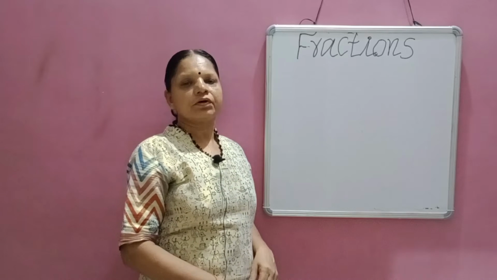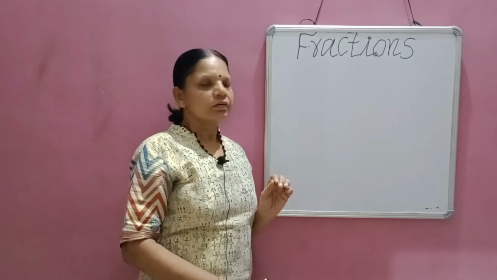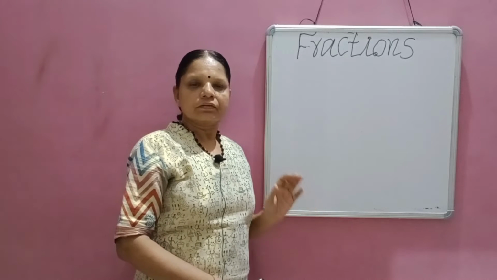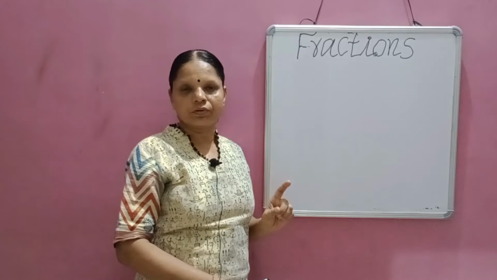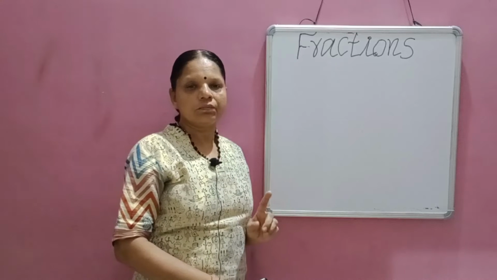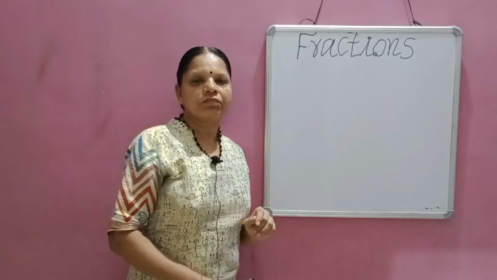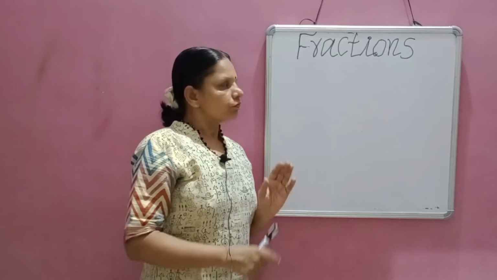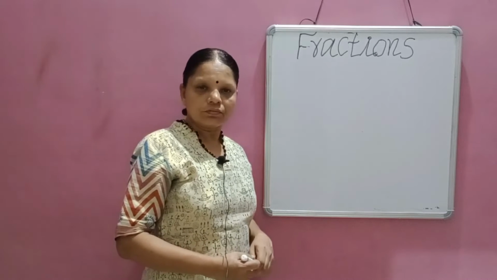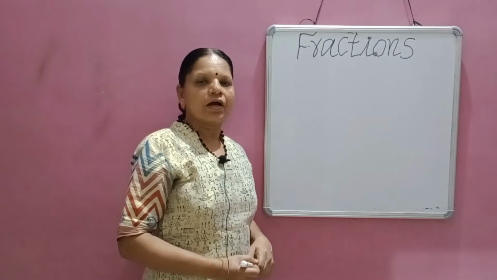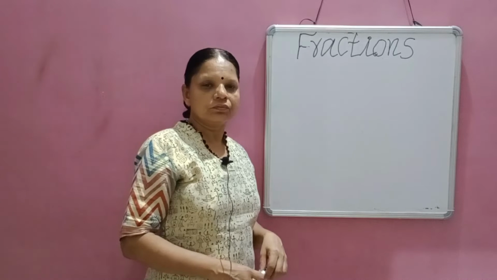So what will your father do? He will make the chocolate into two equal, that is very important, two equal parts. Why equal? Otherwise you will fight. So make the chocolate into two equal parts and give to both of you.